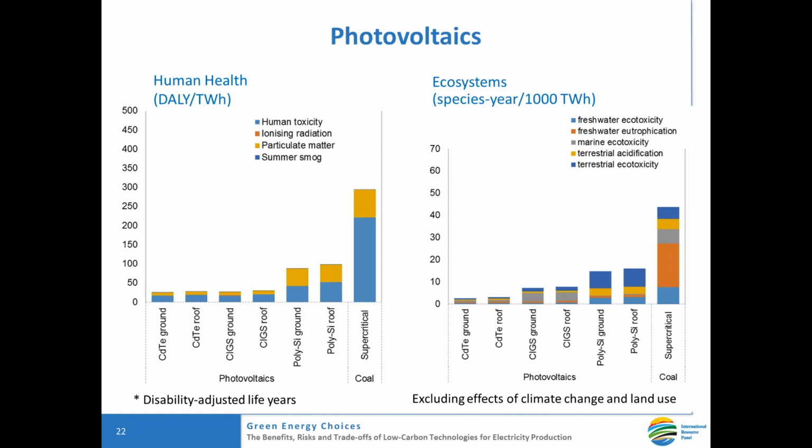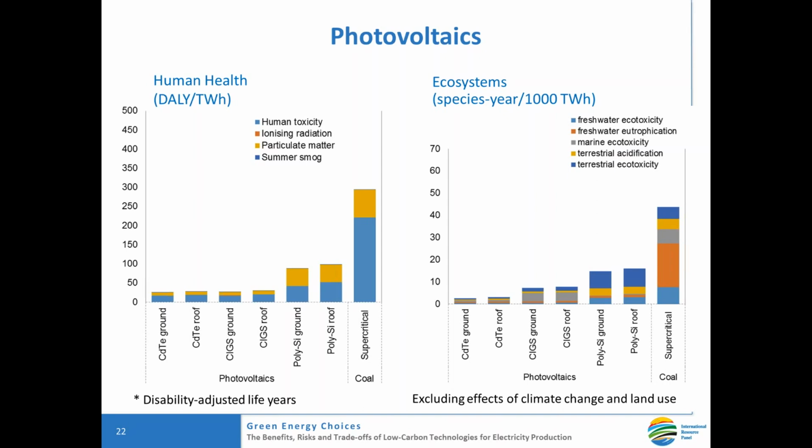It is the same impact categories that we've seen before. It is human toxicity and particulate matter that contribute to the human health impacts of photovoltaics, and it is various ecotoxicity impacts that contribute to the ecosystem impacts of photovoltaics here.